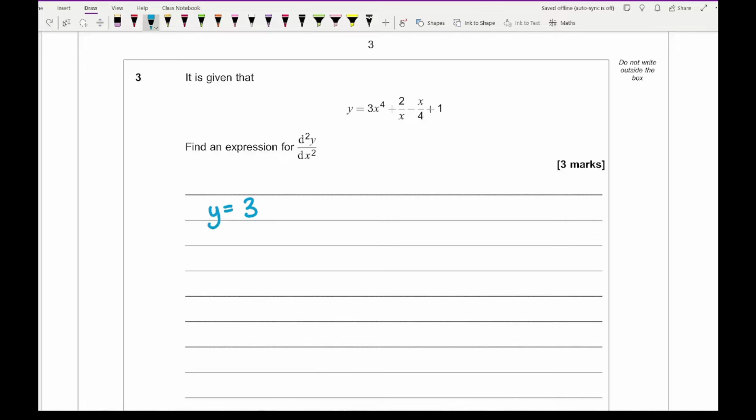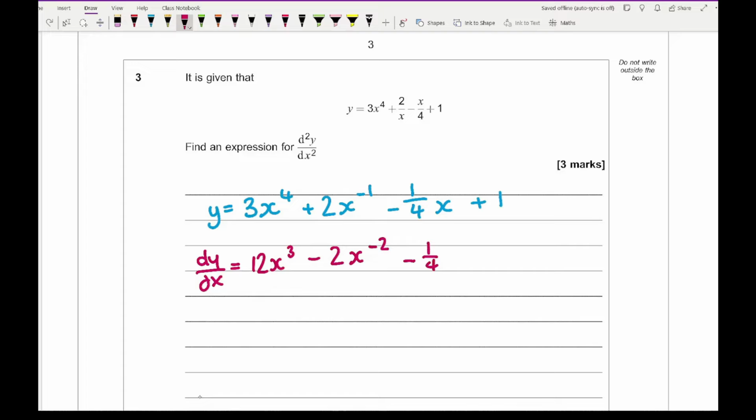So that's going to be 3x to the power of 4 plus 2x to the minus 1 minus a quarter x plus 1. Then from this, I can work out what dy over dx is going to be. And again, the rule of differentiation is move the power to the front, lower the power by 1. So that's going to be 12x cubed minus 2x to the minus 2 minus a quarter.